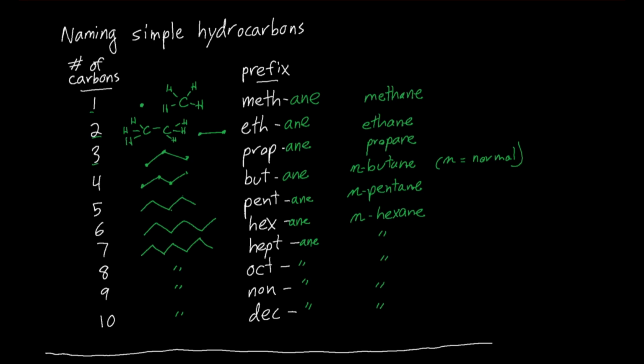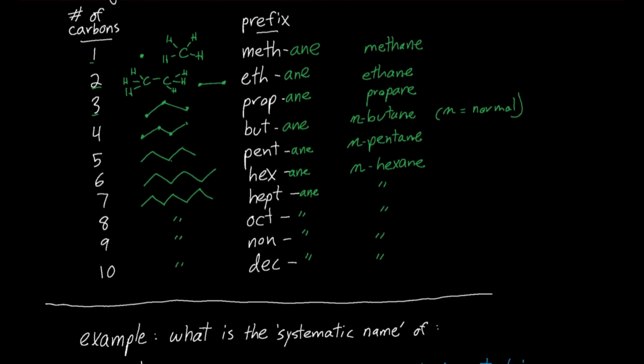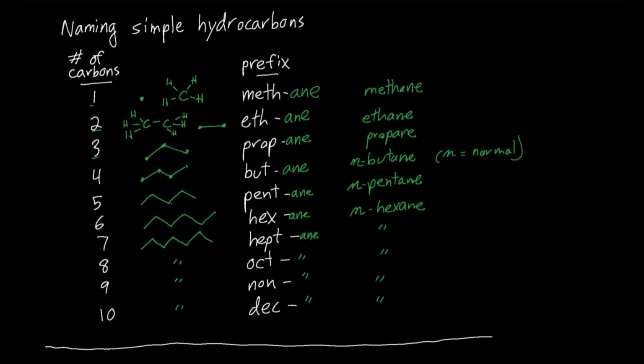When you get up to molecules like decane, you've got many isomers. So it's probably wise to say N or normal in front of all the straight chain molecules. So those are the simple hydrocarbons. Parent chains, when we do naming, I'm gonna call them parent chains. You'll see why.